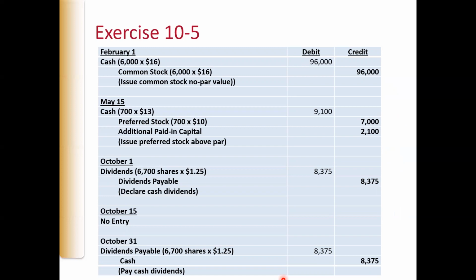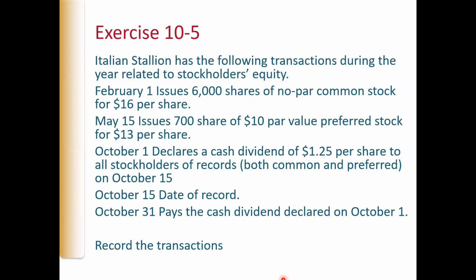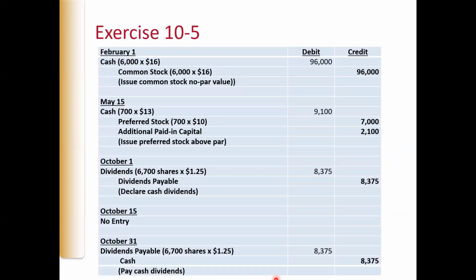We debit our dividends and we credit dividends payable. The date of record, we do nothing. Then October 31st, when we pay the dividend, it's at that time that we will show a debit to dividends payable and a credit to cash.